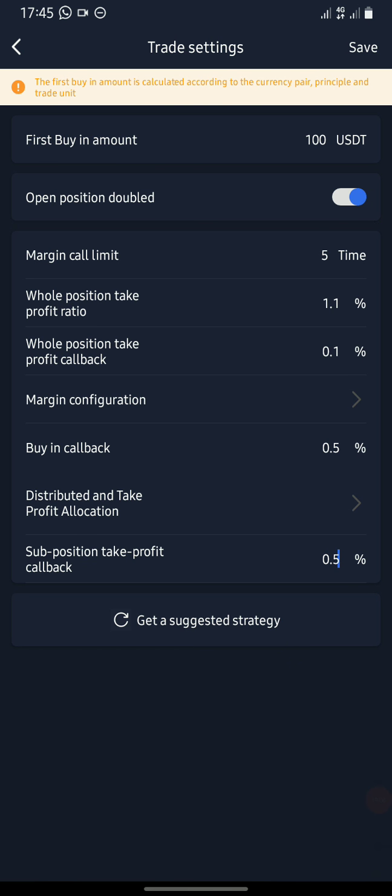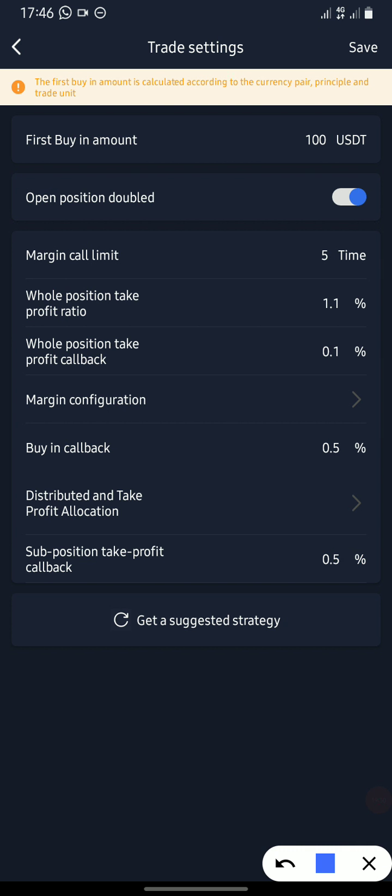Good. So now there's something extra here, like you can see, distribution take profit ratio and supposition take profit callback. What does this mean?